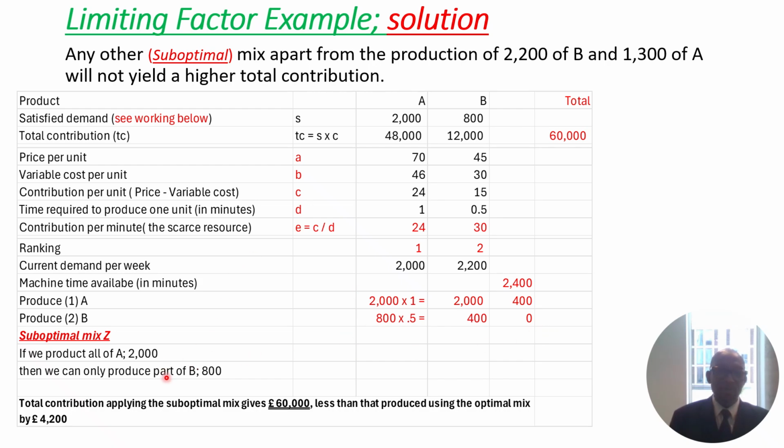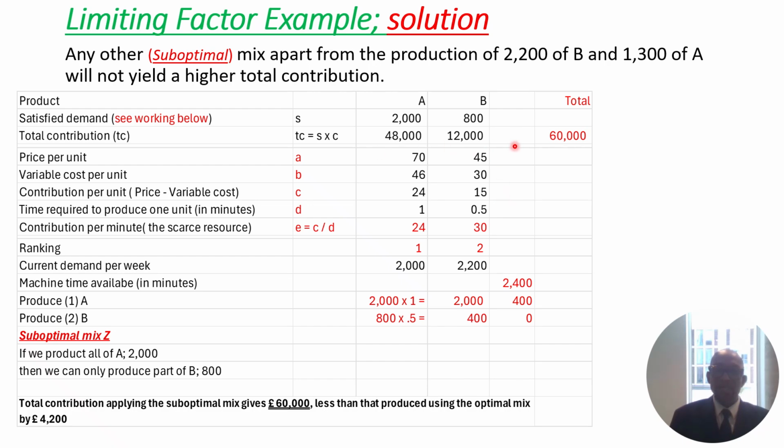Slotting this mix, 2,000 of A and 800 of B, into the total contribution computation, we find that we got 48,000 contribution from product A, that is 2,000 S times C, 24, giving 48,000, and for B we got 800 times 15, which gave us 12,000.